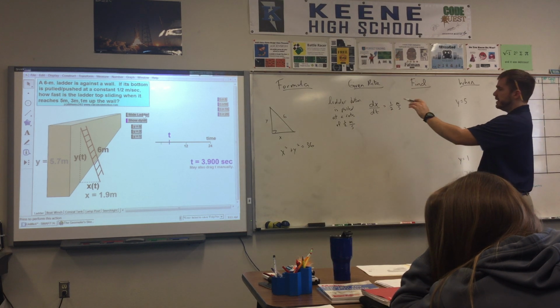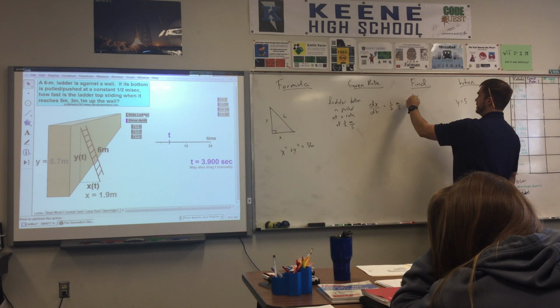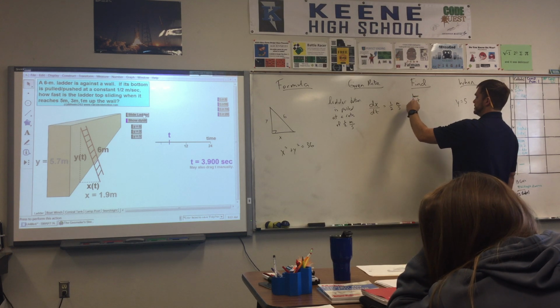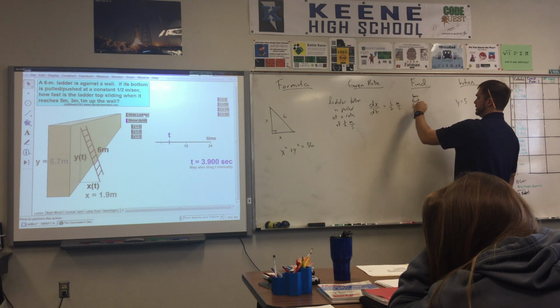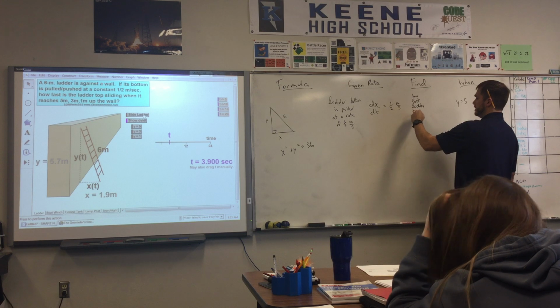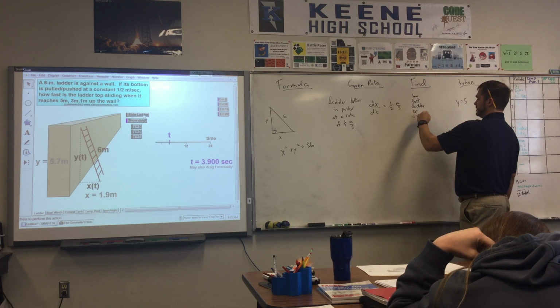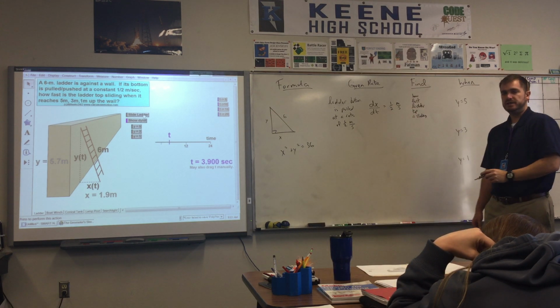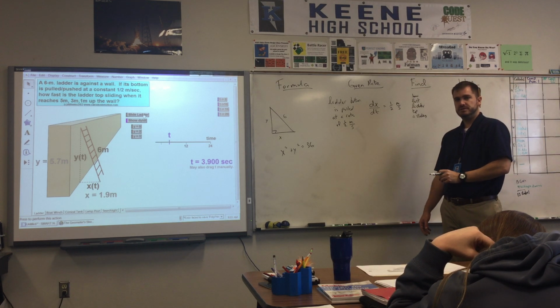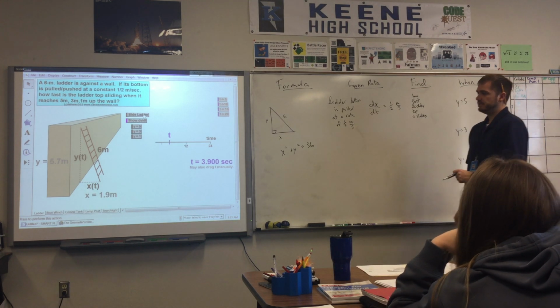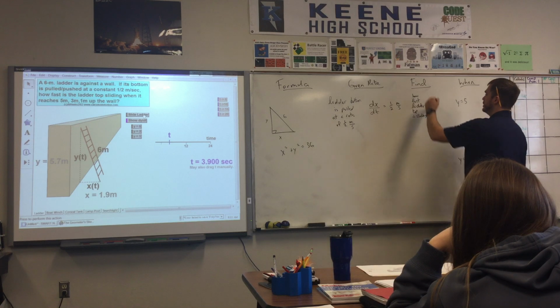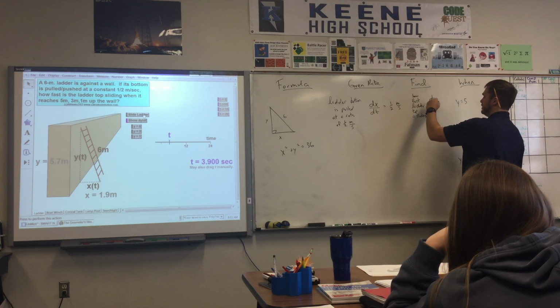But in words over there, it says how fast the ladder top is sliding. How could we put that in calculus notation? The rate of change of y, so dy over dt.